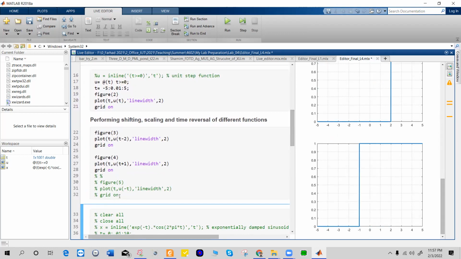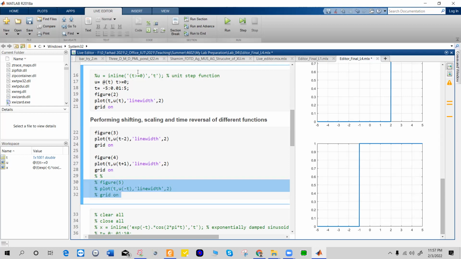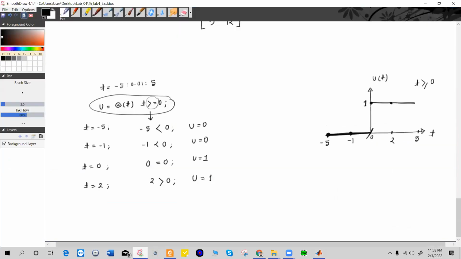Now we will also verify the time reversal properties. You already know that time reversal is nothing but the mirror reflection. So if this is our u of t, the mirror reflection of this, that is u of minus t, will be simply this, right?